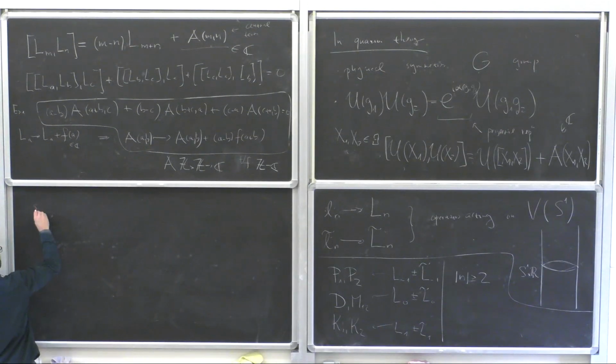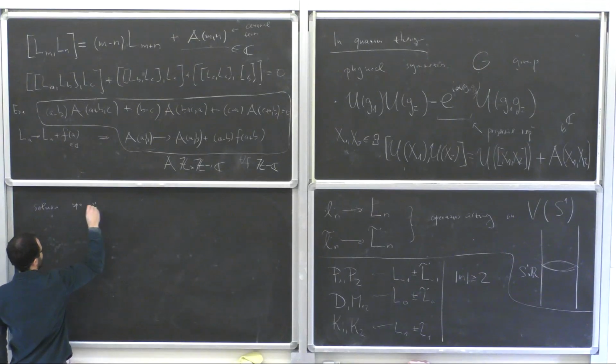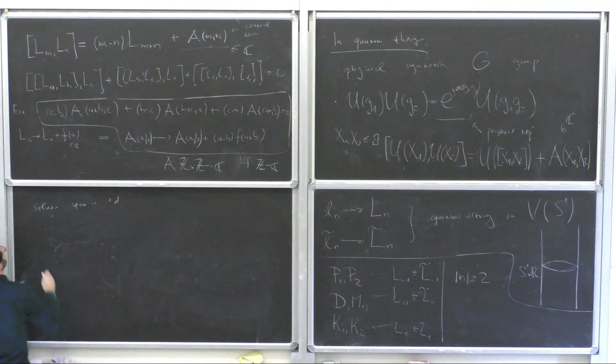So here the solution space is one-dimensional, and it looks as follows. It's a very famous algebra called the Virasoro algebra.